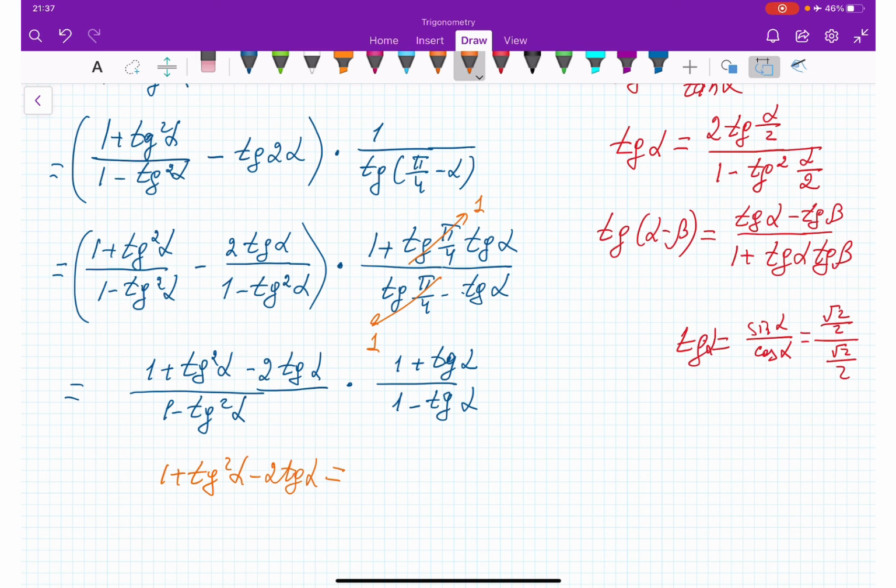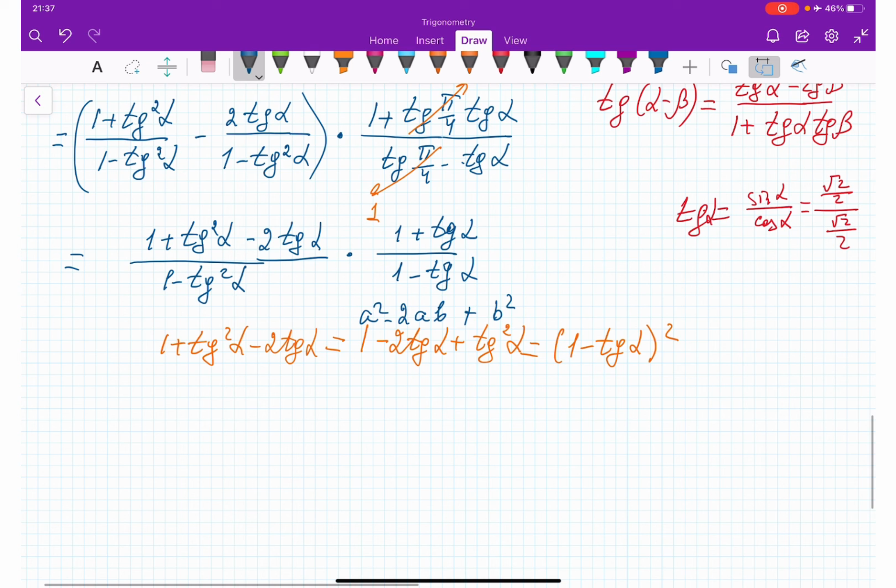I can write down in this format 1 minus 2 tangent alpha and plus tangent squared alpha. So this is going to be 1 minus tangent alpha squared, right? This will be a squared, this is b squared, and this is minus 2ab.